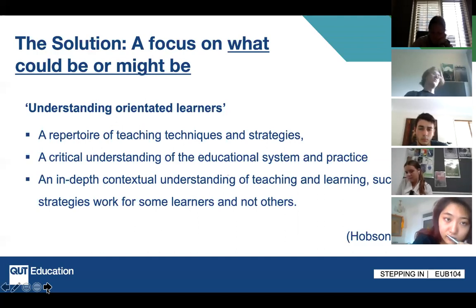So an in-depth understanding of teaching and learning, and importantly, to understand why certain teaching strategies and learning strategies may or may not be appropriate in different contexts. So why strategies work for some students or some learners and not others.